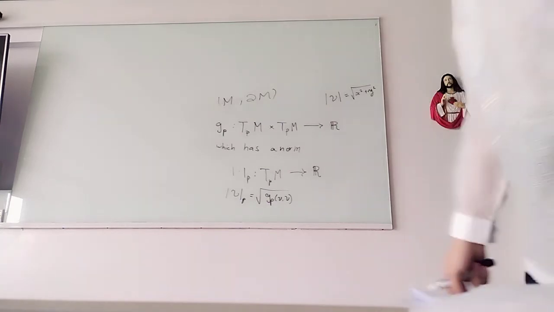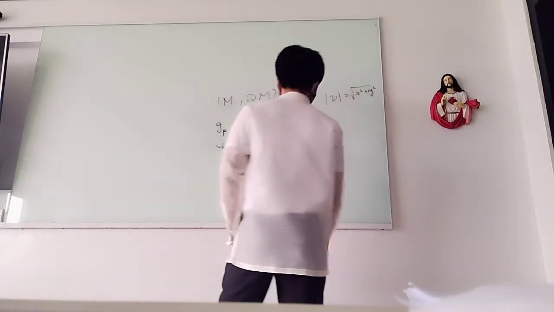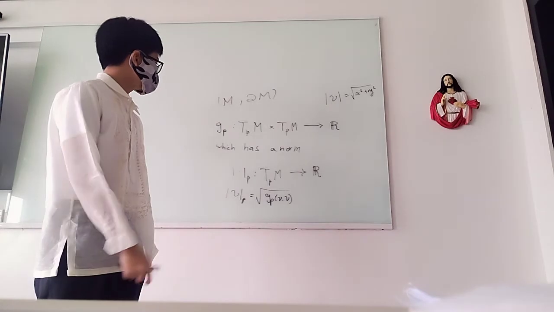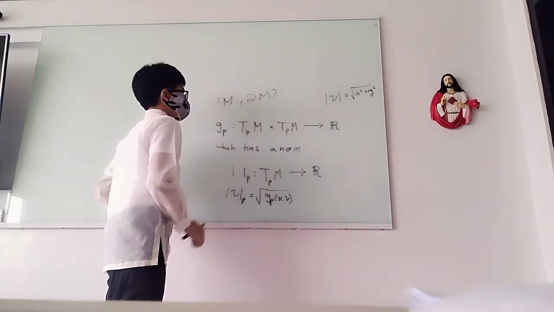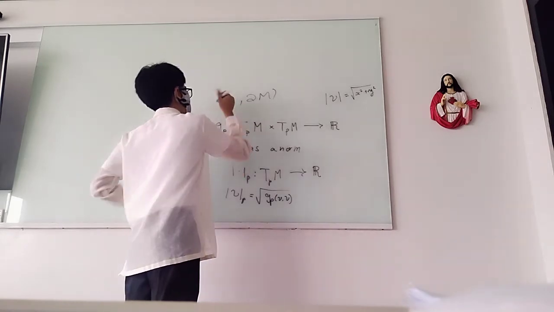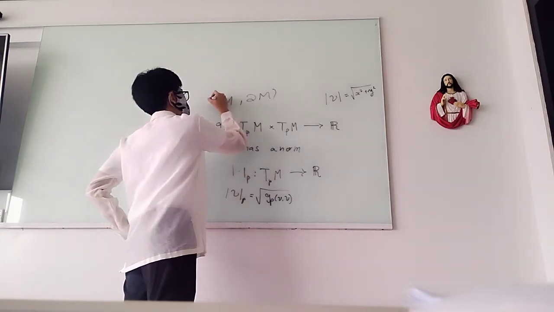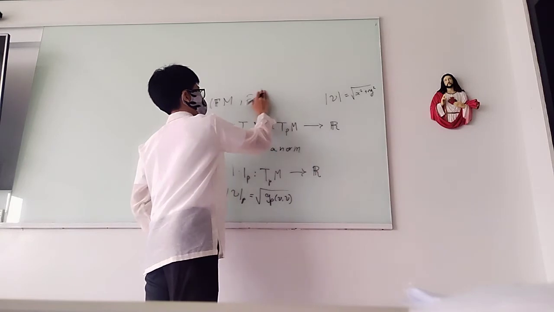Now, okay. So now, let's say that M is some F manifold. So let's say that this M is an Fm. And this is our boundary of the Fm.